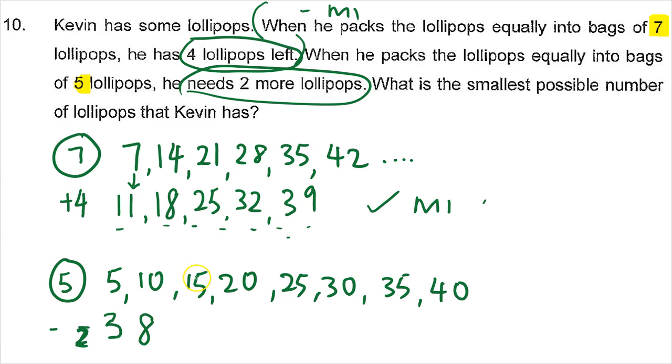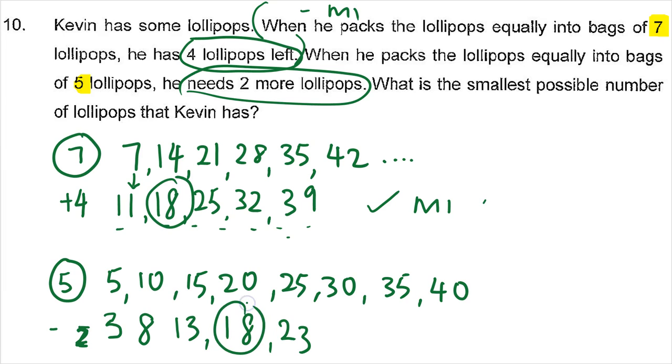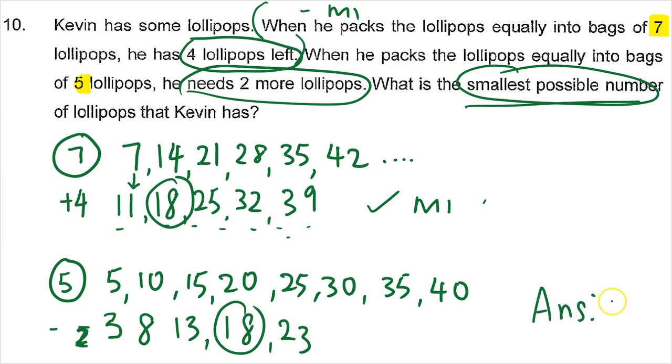If you pack it by 15, 5, 5, 5, actually you're short of 2, you only have 13. So you do the same and so on. Now when you do that, you will be able to find a common number, which is 18. And that gives you the smallest possible number. Your answer will be 18.